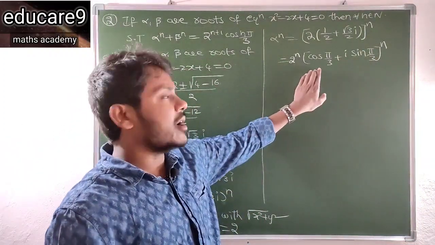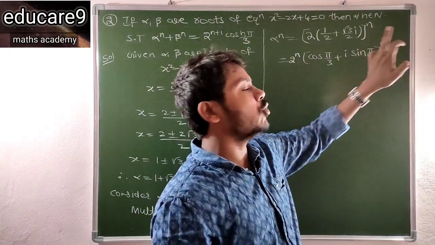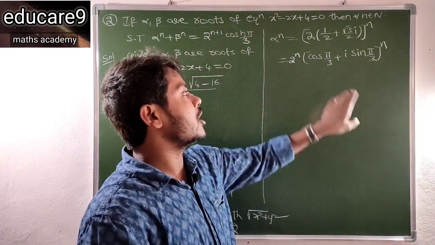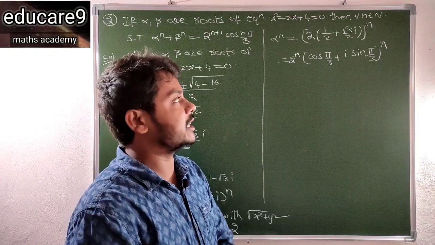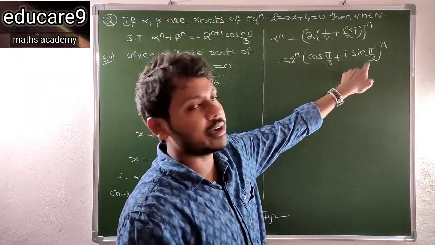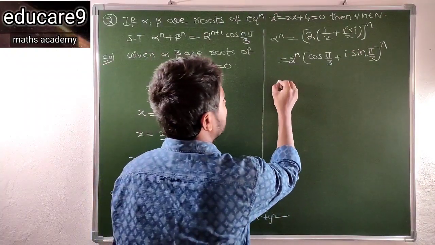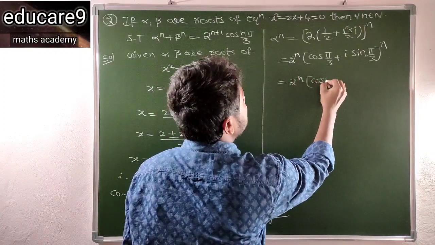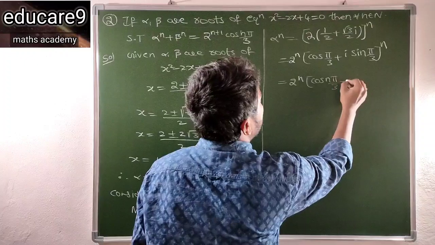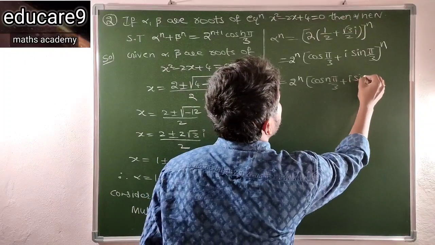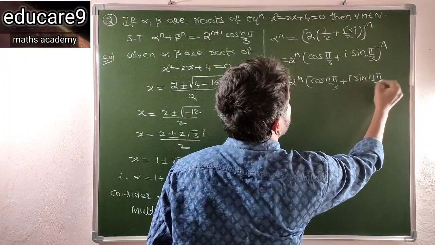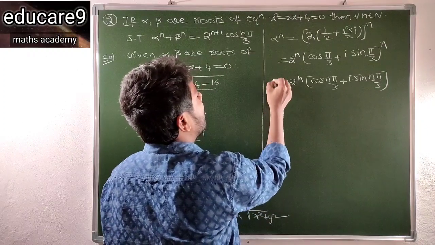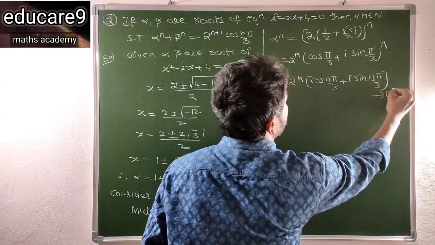Here it is in the form of (cos theta plus i sin theta) whole to the power of n. So here you have to apply De Moivre's theorem, that is cos n theta plus i sin n theta. So clearly this is equal to 2 to the power of n (cos n pi by 3 plus i sin n pi by 3). So this is the alpha power n value.